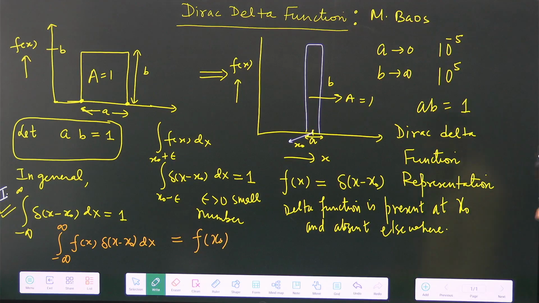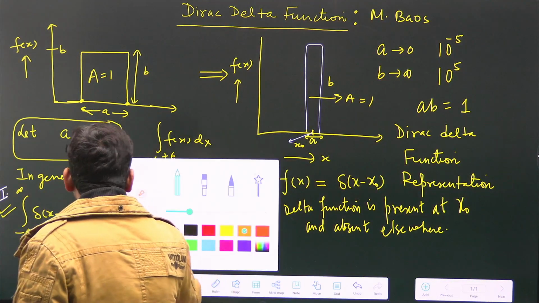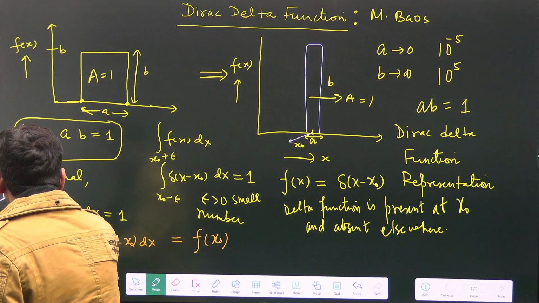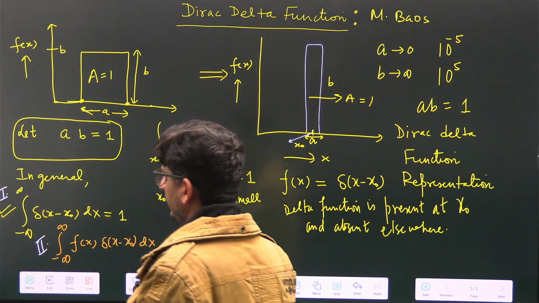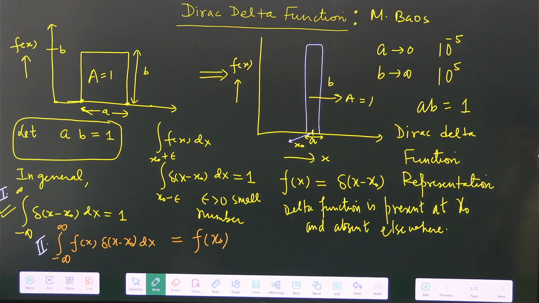This is the second important property of the delta function. तो यहां तक क्लियर है?